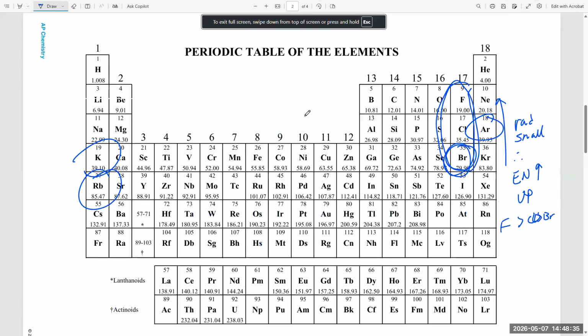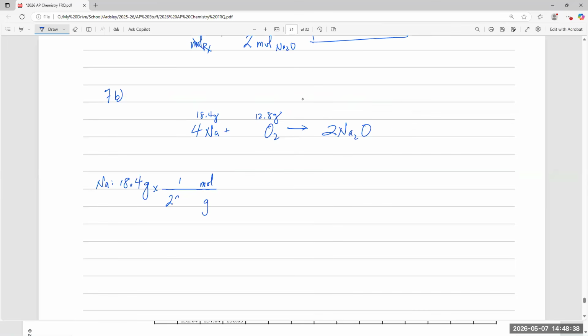And yes, 22.99 grams per mole is sodium. 18.4 divided by 22.99 is 0.800. So, 3 sig figs, 0.800 moles of sodium.